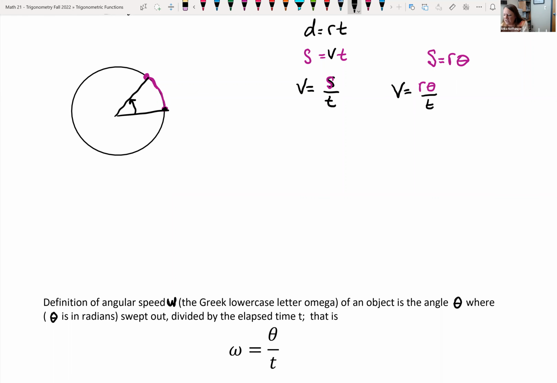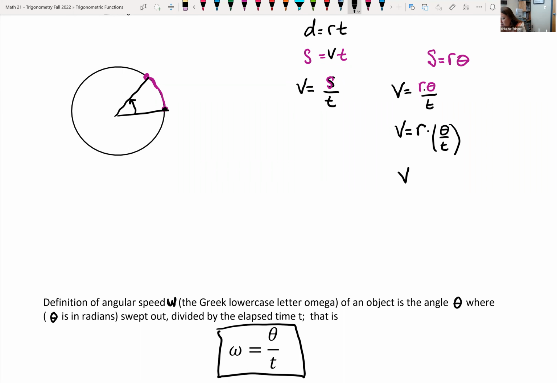Well, this is strictly multiplication in here. And so we could actually rewrite this a little differently. We can say this is the same thing as v equals r times theta divided by t. That gives us the same thing as we have in the line above. But right here, we had just said that angular speed was theta divided by t.